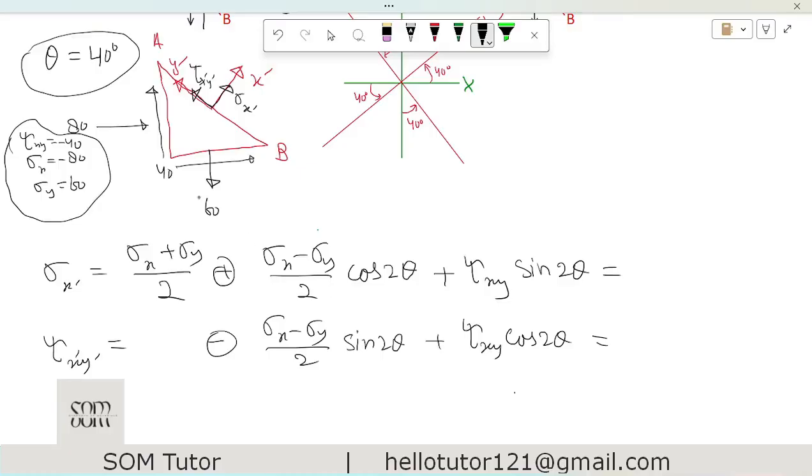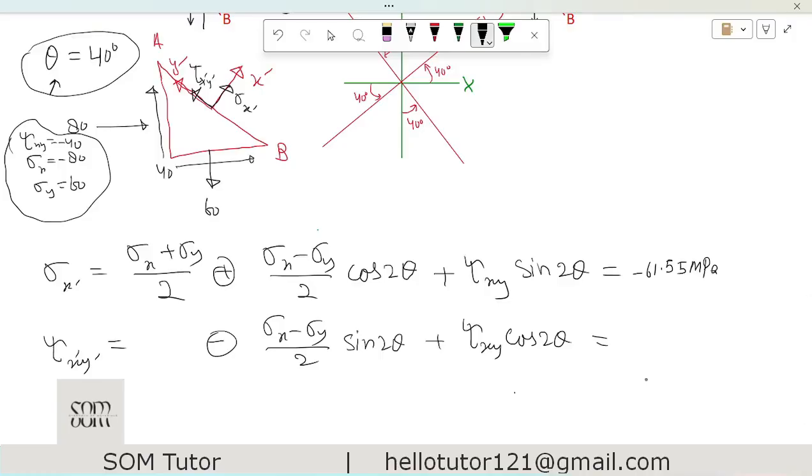As you can see here, theta is 40 degrees. Then we have tau xy is negative 40 sine of 2 times 40. So we got approximately minus 61.55 megapascal.